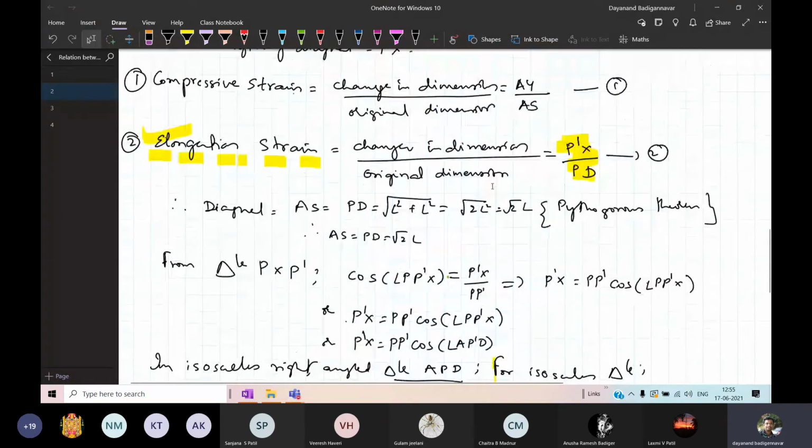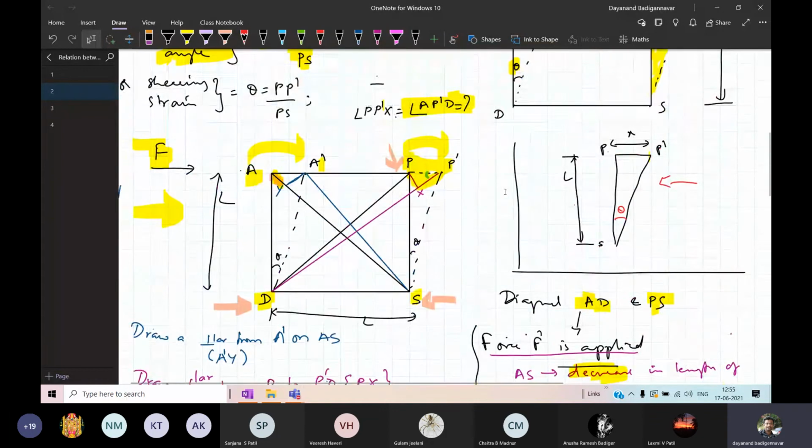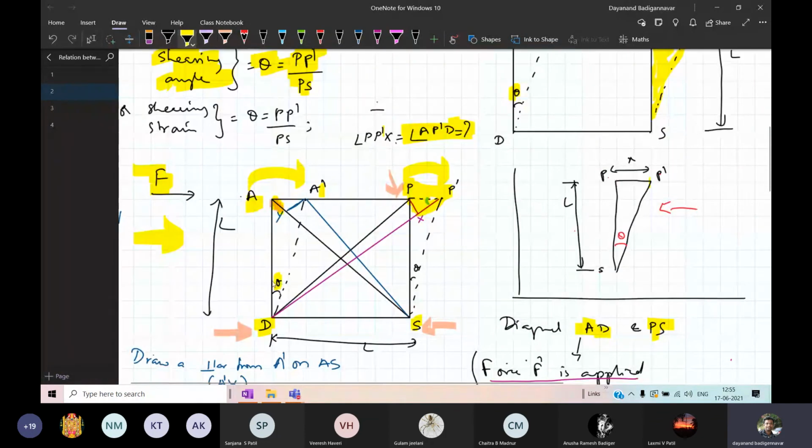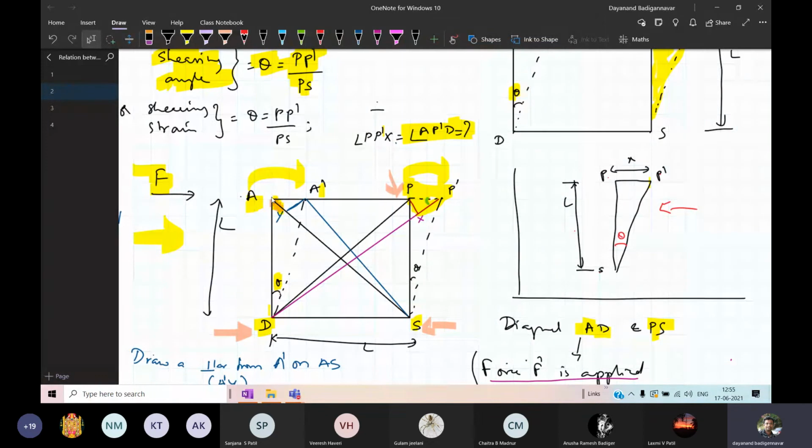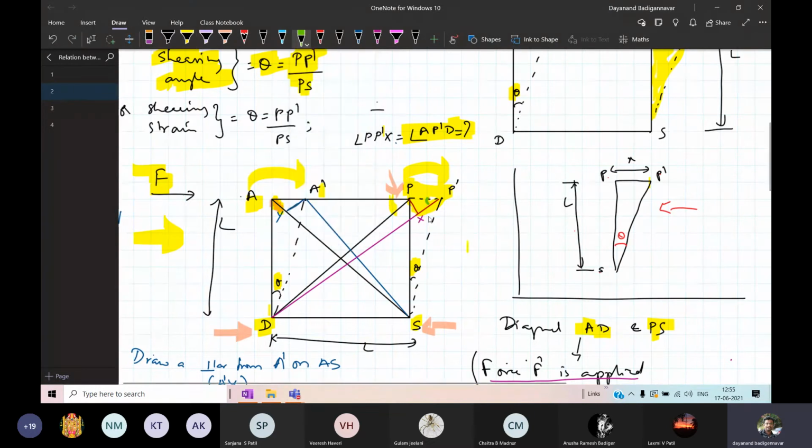You are getting the point what I have written here. This angle theta is very small, so angle APD and angle AP'D are almost the same. Why? Because this theta is small.